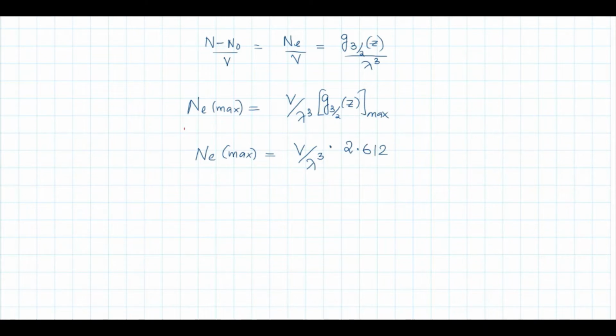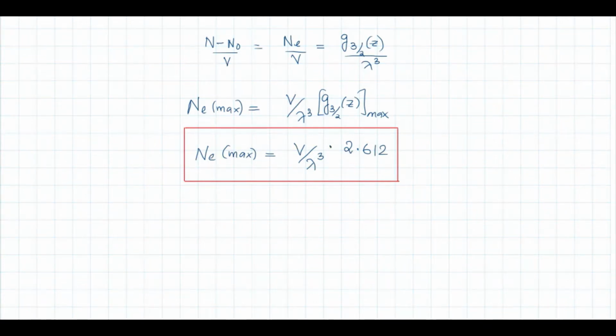This is the maximum number of particles that can occupy the excited states in the case of a Bose gas, that is, a system consisting of particles which obey Bose-Einstein statistics. This is the maximum number of particles that can occupy the excited states altogether.